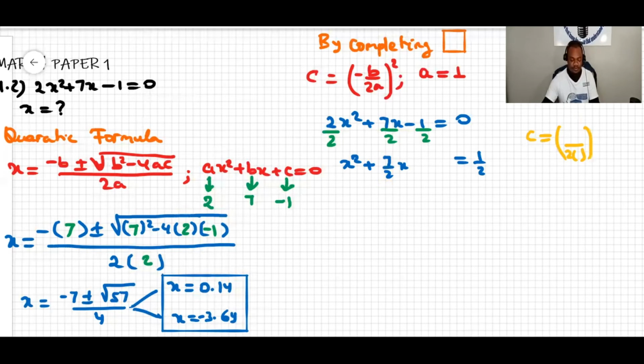Sorry, I mean, the formula here is just b over 2. So on the right, I'm going to write the value of b, which is 7 over 2, to the power of 2.